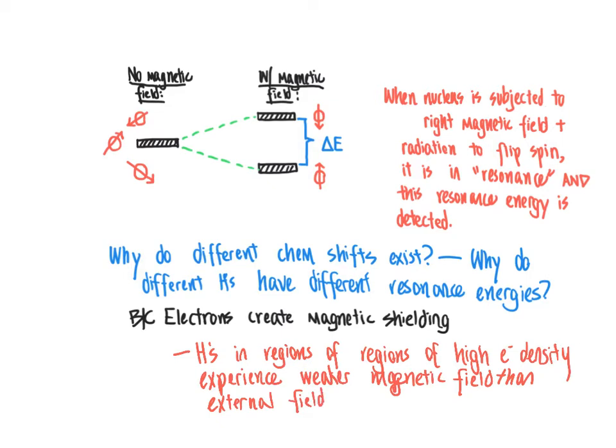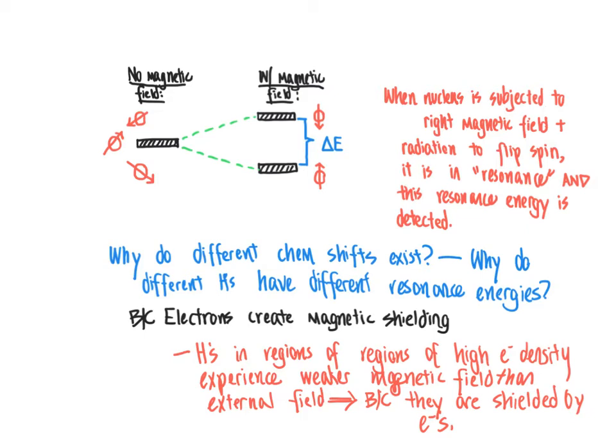And the reason they're experiencing that reduced, weakened magnetic field is because they are shielded by electrons. So, in other words, regions of high electron density within a molecule are going to be shielded.